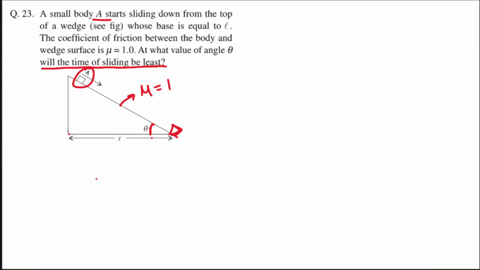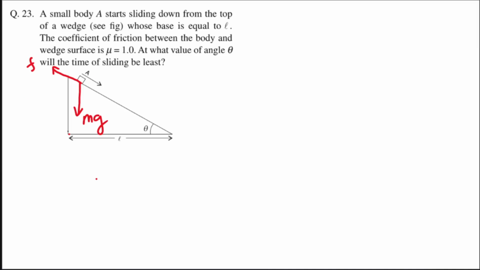First of all, let us calculate its acceleration. Here this is a rough surface. What will be the acceleration? The forces acting upon it will be mg, and since it is sliding down, friction will act upward. So what is the net force acting down the plane?